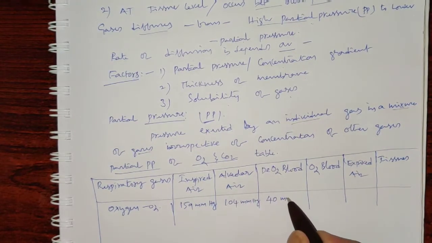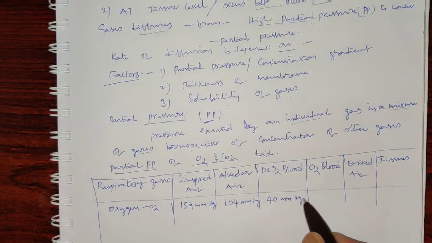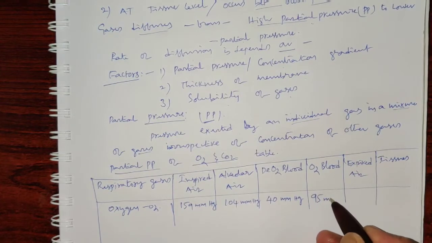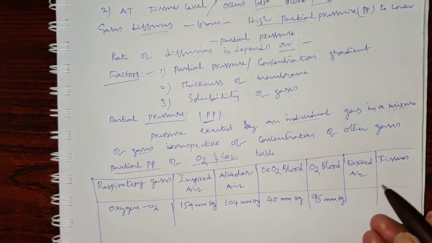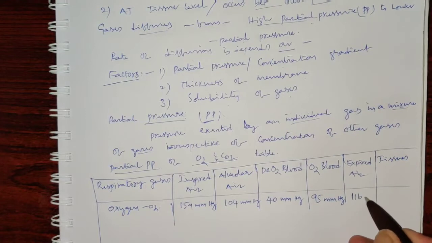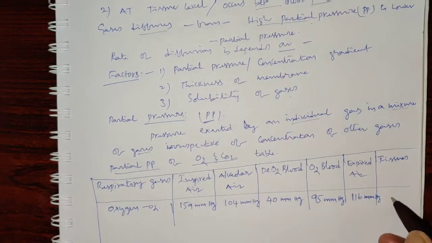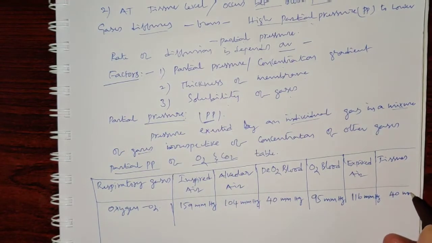Deoxygenated blood 40 mm of mercury. Oxygenated blood 95 mm of mercury. Expired air 116 mm of mercury. In tissues 40 mm of mercury.